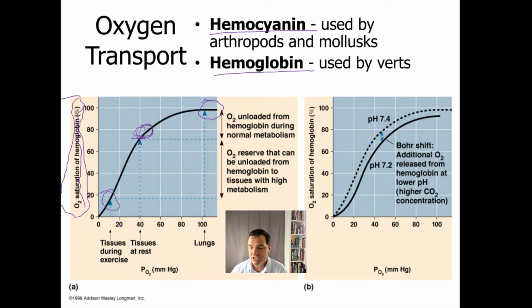Now, there's this thing called the Bohr shift, though, which is kind of interesting. So it turns out that proteins like hemoglobin, probably hemocyanin as well, at different pH levels, their affinity to hold on to oxygen changes. So as the pH level drops, and again, that means there's more hydrogen ions and it's more acidic, the ability for the hemoglobin to hold on to the oxygen starts to diminish.